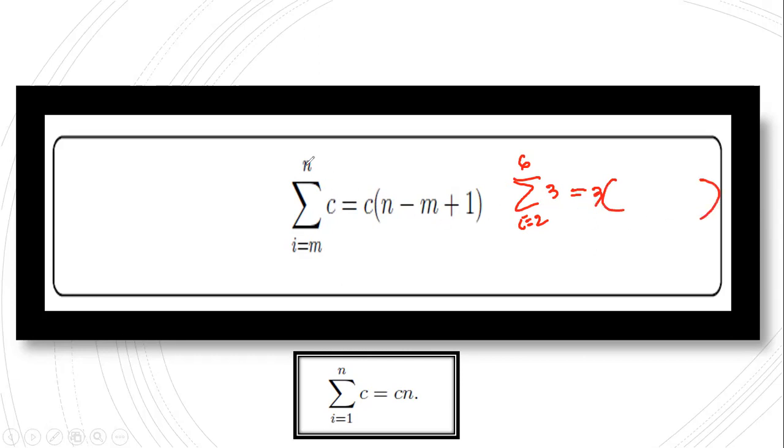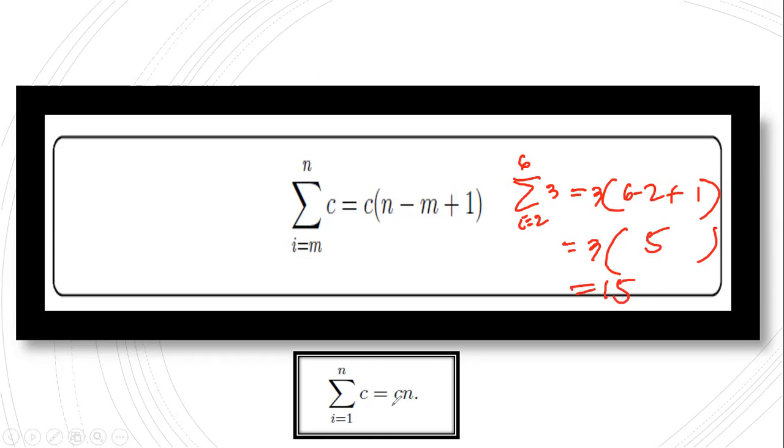Your n is 6. Your m is 2, plus 1. It's always plus 1 here. The variables that will be changing here are c, n, and m. The 1 is always fixed. You have now 3 times 4 plus 1, it's 5. So you have 15. Okay, it's easy.